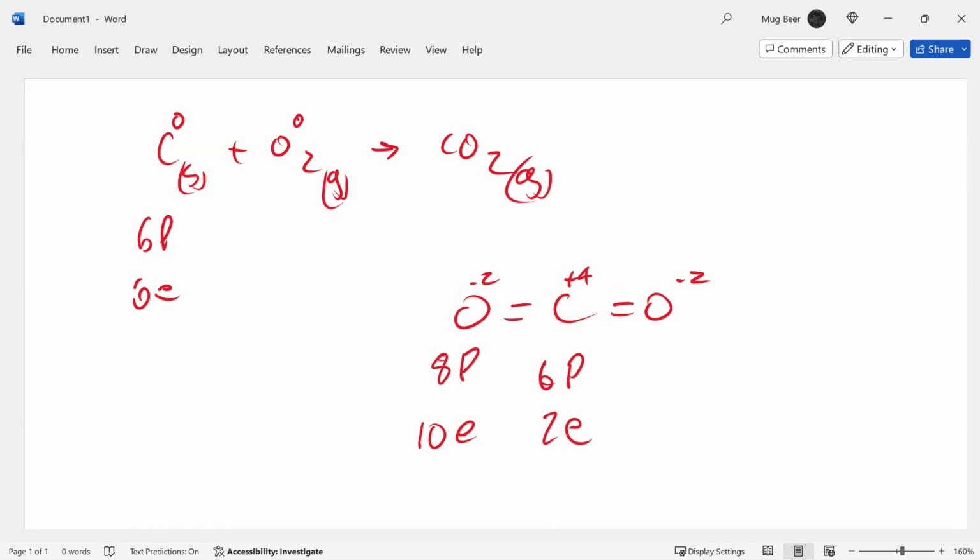So the charge is -2. That's what its oxidation state is. And so if my charge was 0 up here for this oxygen, it's got 8 protons, it has 8 electrons. They have to cancel out to get to 0. Down here, they don't cancel out. There's 2 more negatives than positives. The proton number can never change. So the only way to have a -2 charge is that the oxygen gained 2 electrons. So that's why we're at 10 electrons.